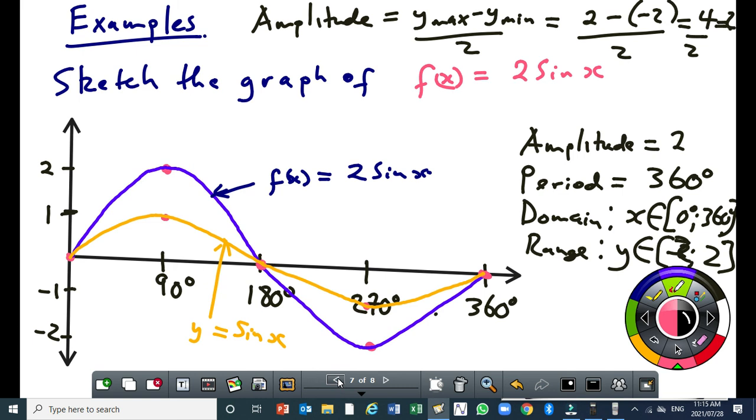The graph of sine is related to the graph of cosine. If you move this graph here, the one in light brown, to the left by 90 degrees, which means this point here will move 90 degrees to the left, then it ends up being here. This point here moves to the left, it ends up being somewhere there.